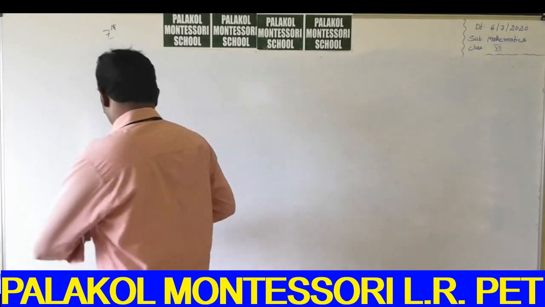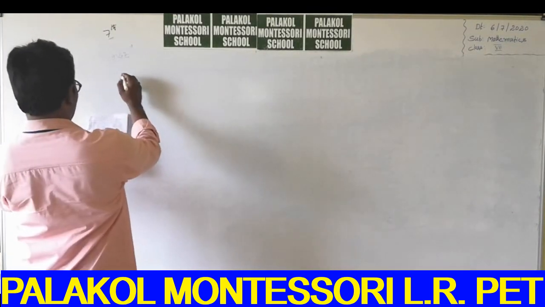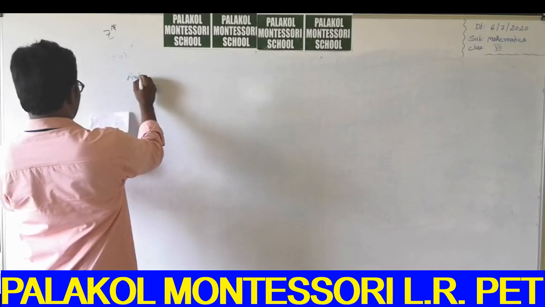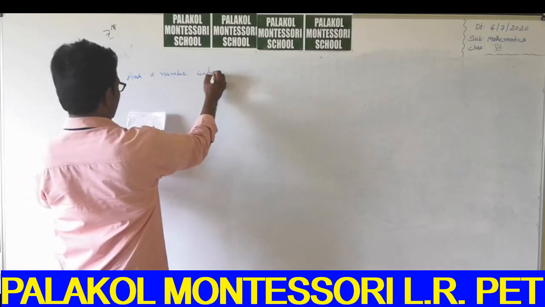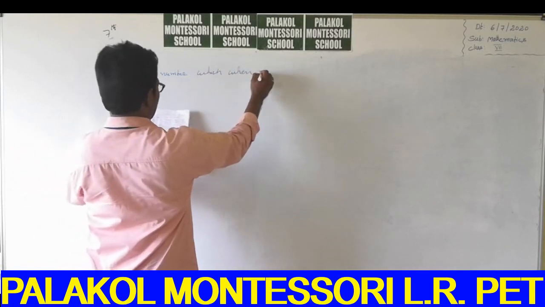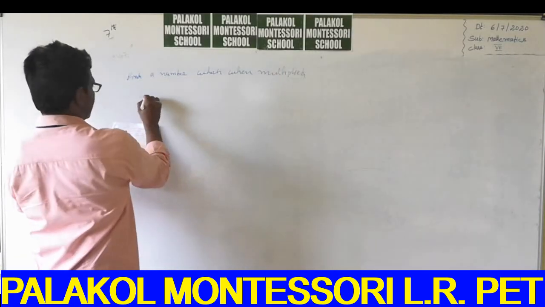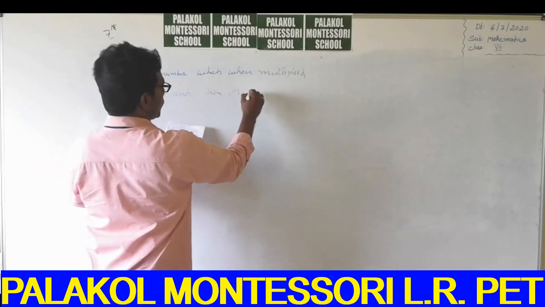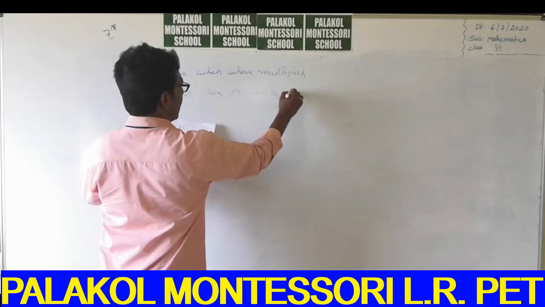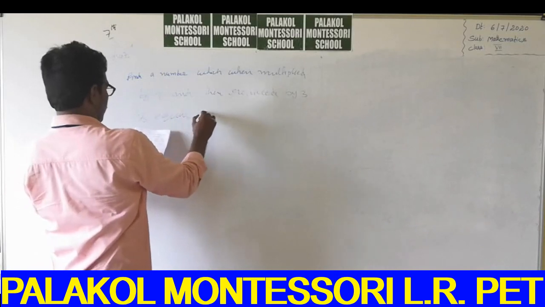Right. Find a number which when multiplied by 7 and then reduced by 3 equals 53.